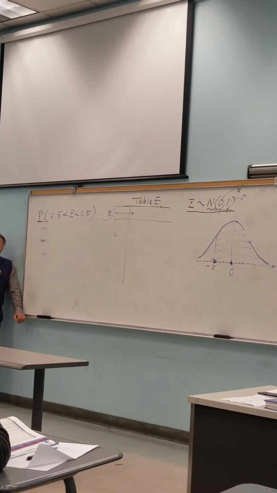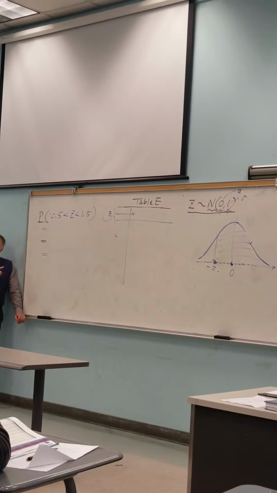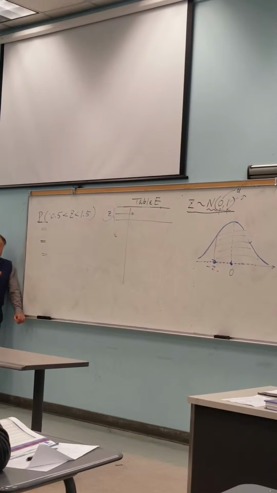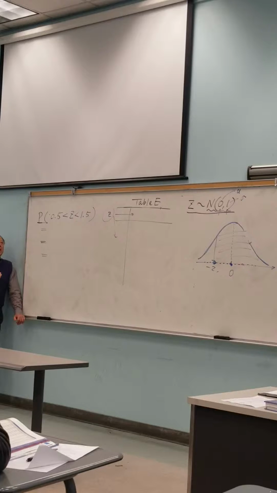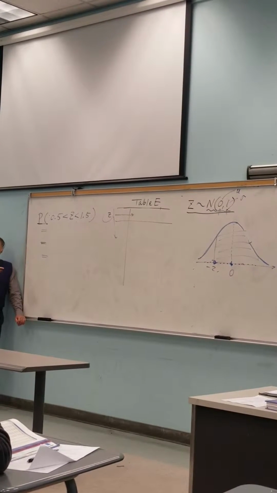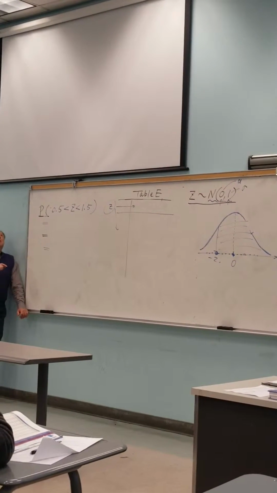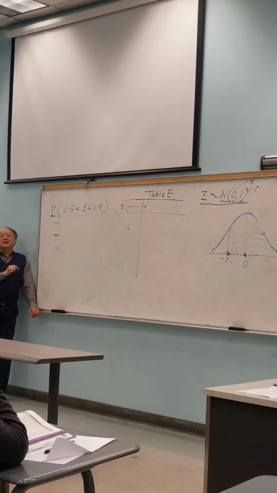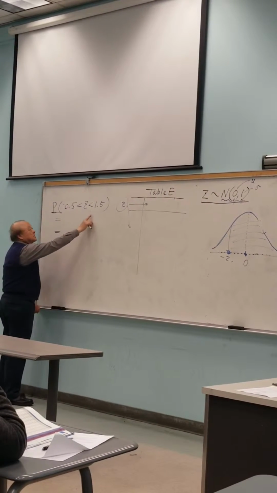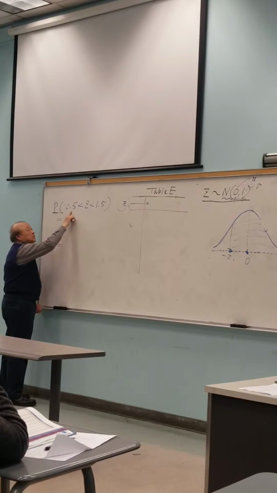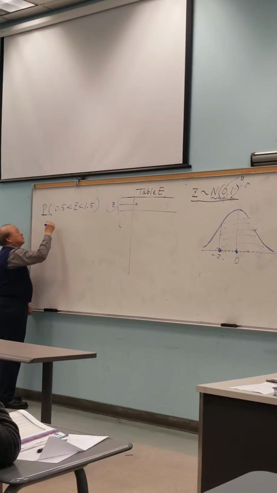The question says, what is the chance for the random variable to take a value between 0.5 and 1.5? This equals the middle area between 0.5 and 1.5.